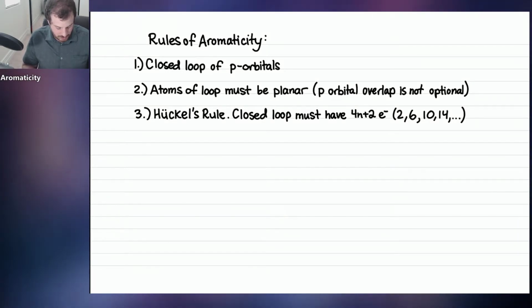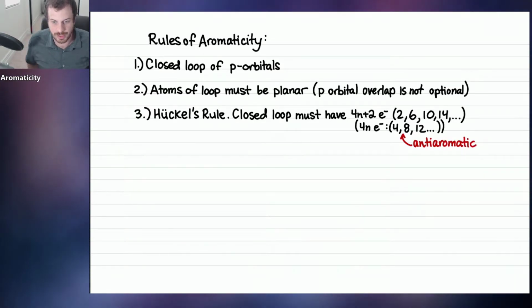If you have 4n electrons, that is, you have 4, 8, 12, etc., in other words, the even numbers that are divisible by 4, we call that anti-aromatic.